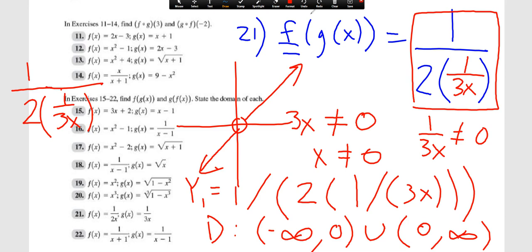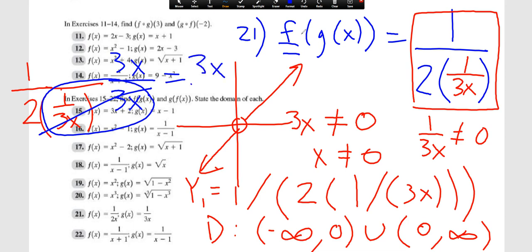What if I multiply the top and bottom by 3x? What happens right here? Whoosh, gone. So we end up with 3x over 2.